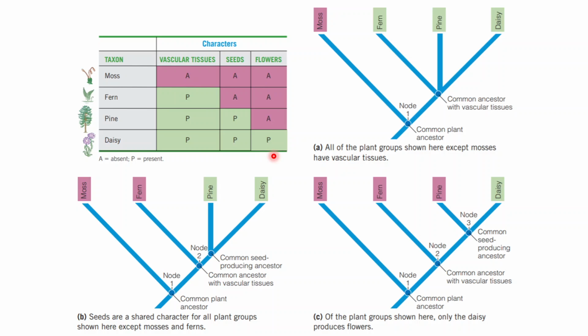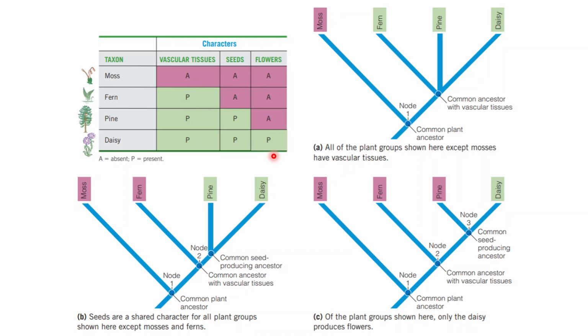So the general goal of cladistics is to reconstruct phylogenies using an analysis of evolutionary changes in specific characters. Structural, physiological, and molecular characters can be used for the analysis. The characters must be homologous, that is identical by common descent, and must have evolved independently of one another.